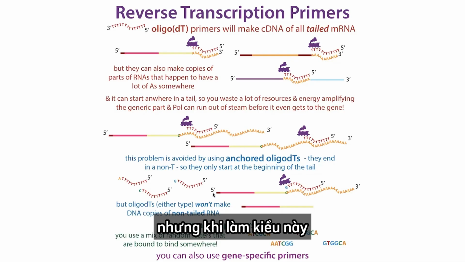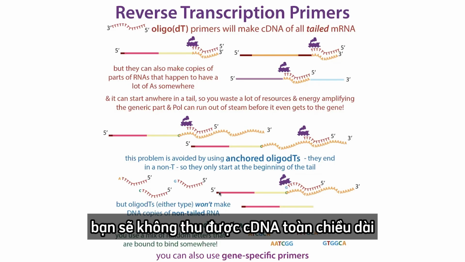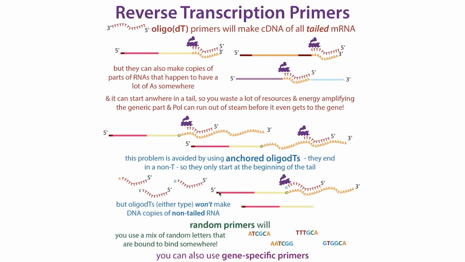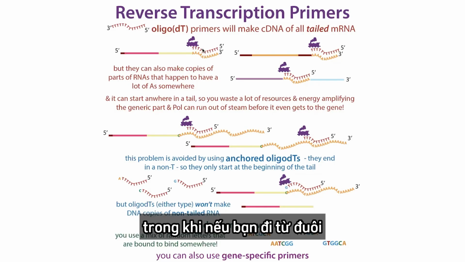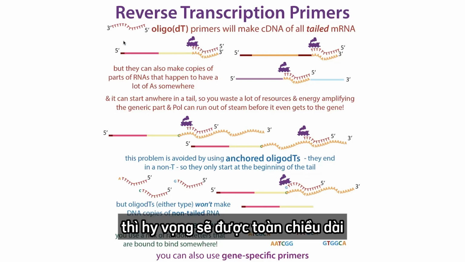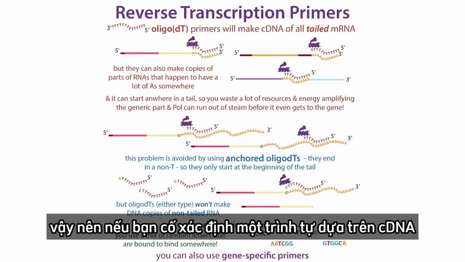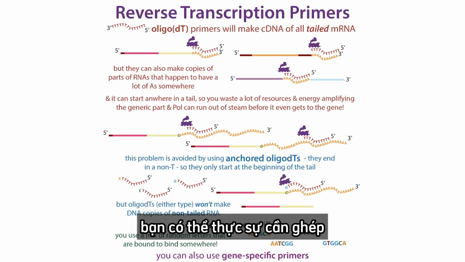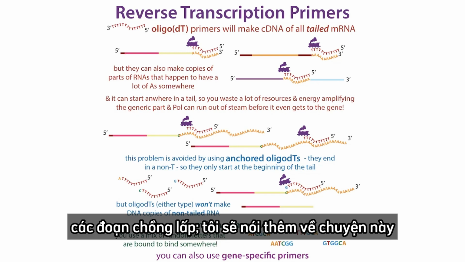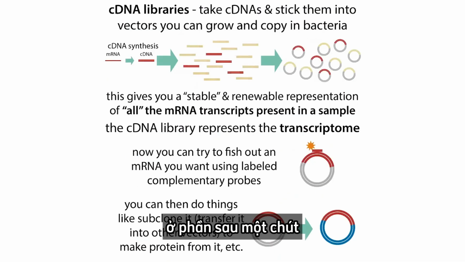Of course, when you're doing something like this, you're not going to get the full-length cDNA. Whereas if you go from the tail, you're hopefully going to get the full length, but you might miss the 5' end. So if you're trying to find a sequence based on a cDNA, you might actually need to combine overlapping sequences. And I'll talk more about this a little later.